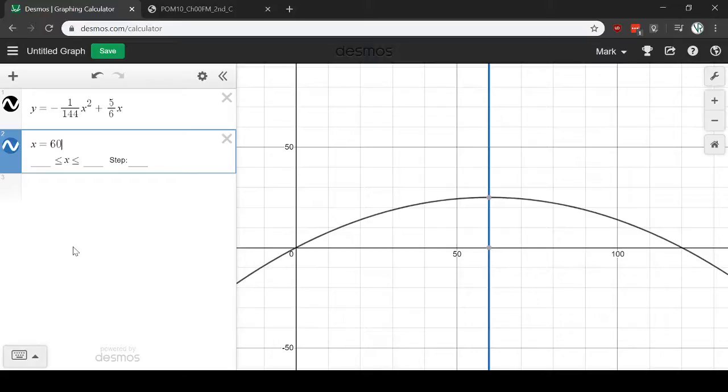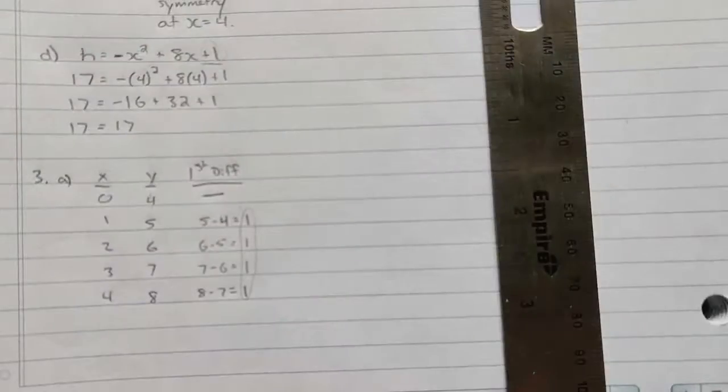And then there was a request for number 9, I believe it was. Yeah, number 9. All right, so number 9. I'm going to switch over to paper here.